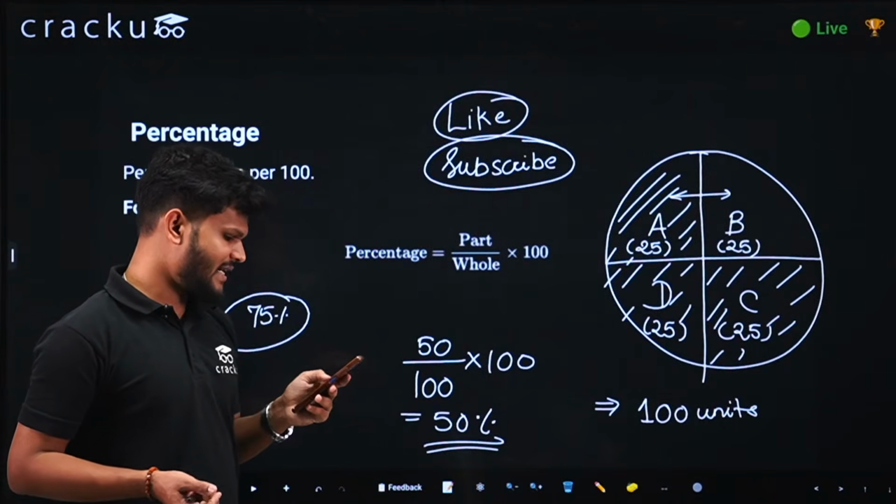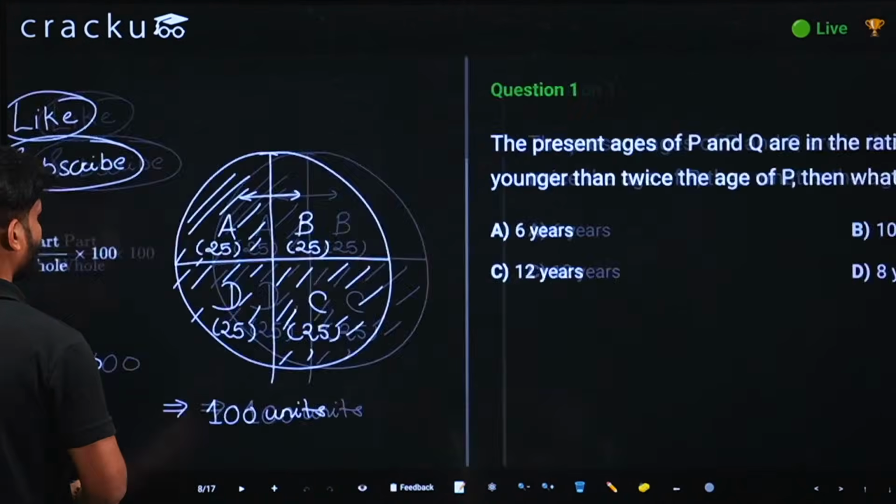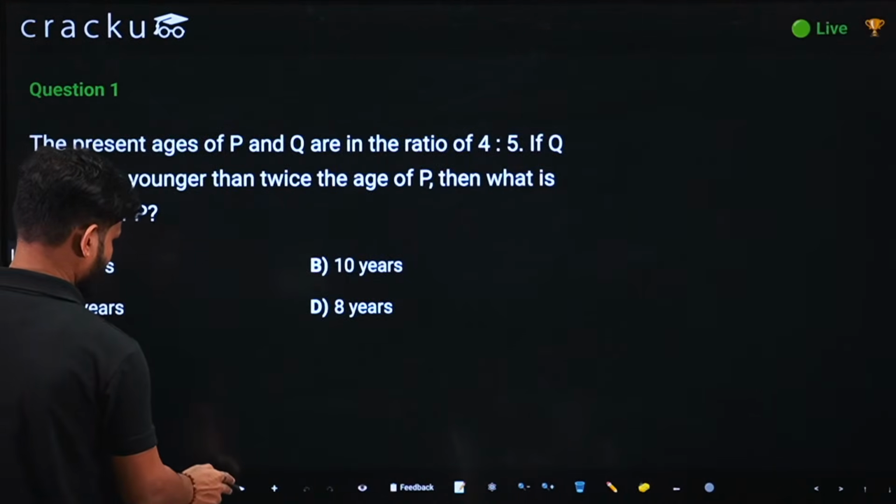Okay, do you guys have any doubts in this theory? If not, there is a question for you guys. Okay, so this is the question.